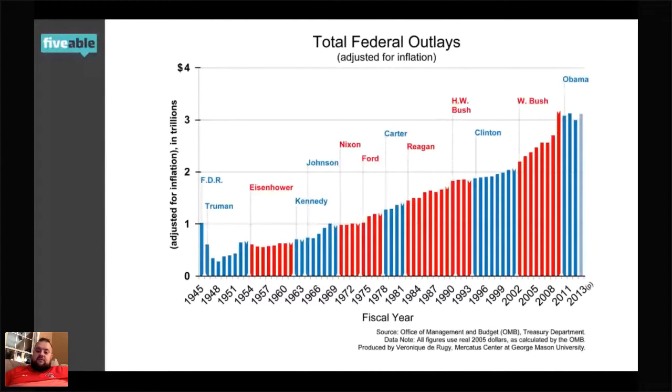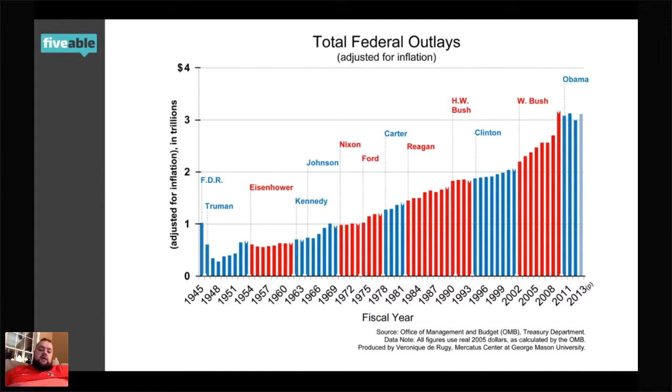Don't everybody type at once here. I think you meant inflation. Okay. So while a couple of you are typing, how much federal outlays have risen? Yeah. Okay.